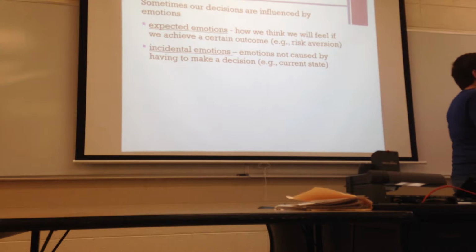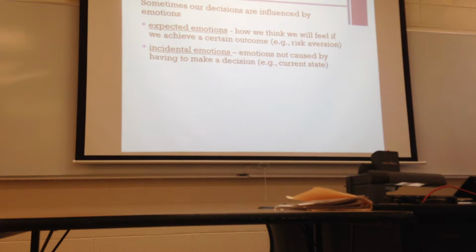And so when I'm going to make a decision, I think about how am I going to feel if I make this decision? How am I going to feel if I make that decision? And obviously one of the costs or benefits to me is my expected emotion. If I think I'm going to feel great if I do that, then I'm more likely to make that choice, even if it's going to be high cost.